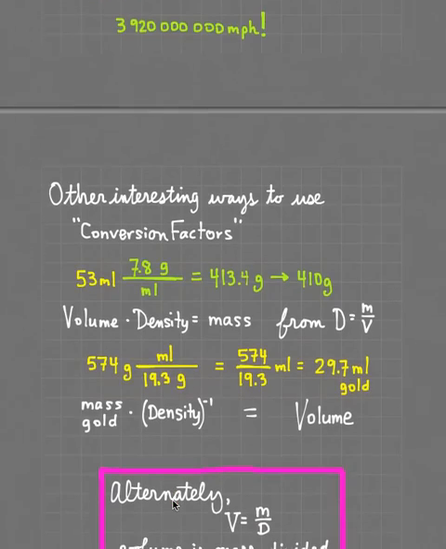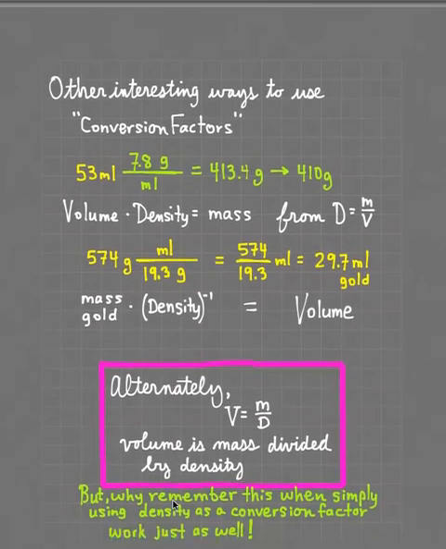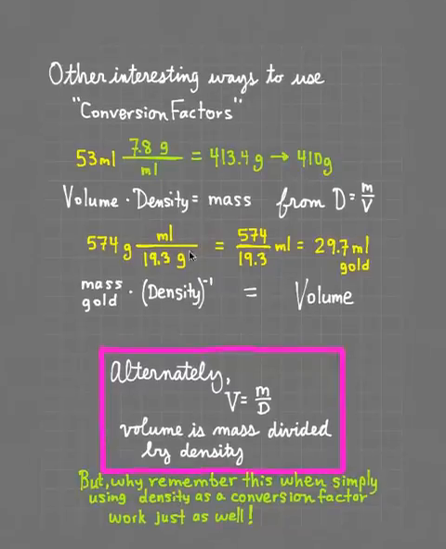Other interesting applications of unit conversions is like density. I can use a density of 7.8 grams per milliliter to cancel milliliters. So if I knew the volume of my object that had a density of 7.8 gram per milliliter, I could imagine the milliliters canceling and giving my grams. Or if I had a mass, I could use the density upside down.